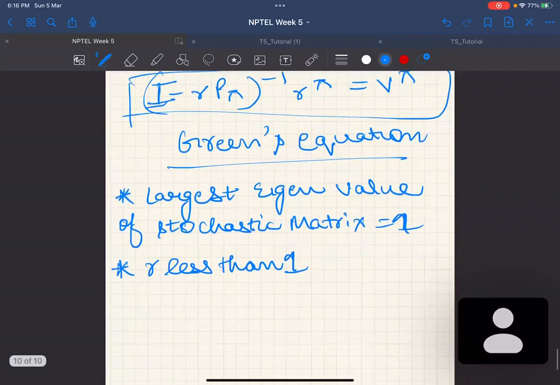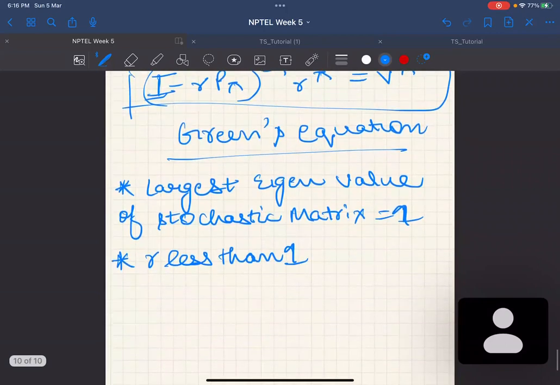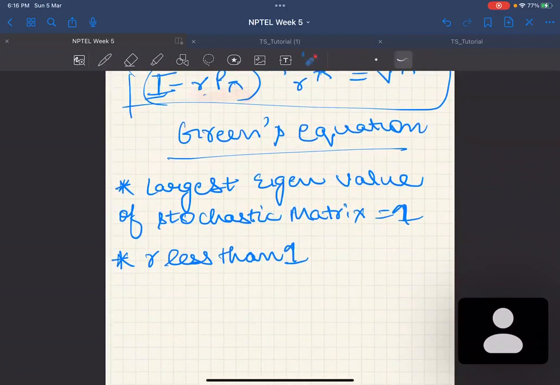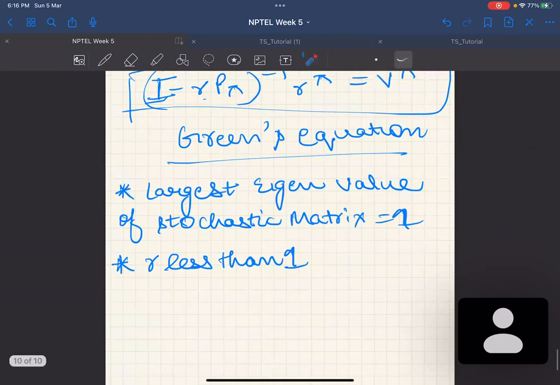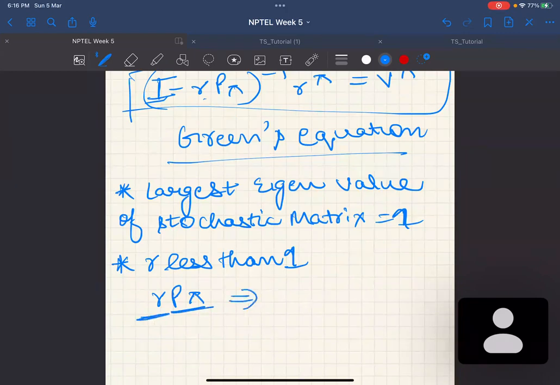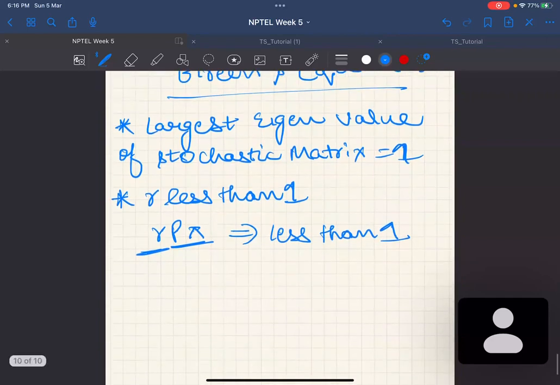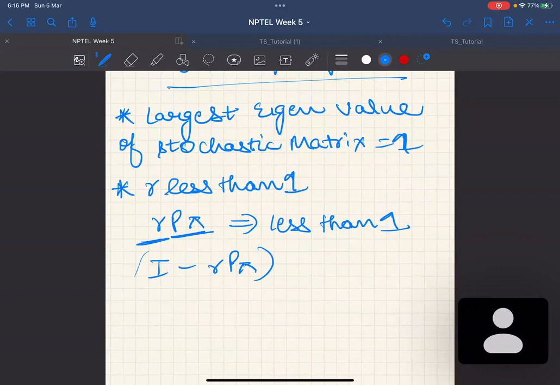If I multiply gamma with P pi, where P pi's maximum is 1 and gamma is less than 1, the product will be less than 1 only. Then I minus gamma P pi: this is 1, and this is less than 1.